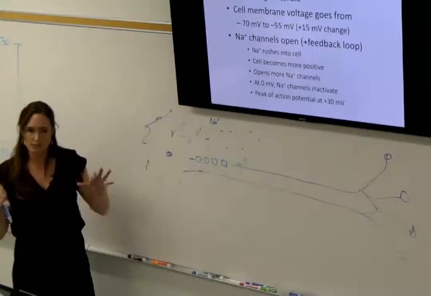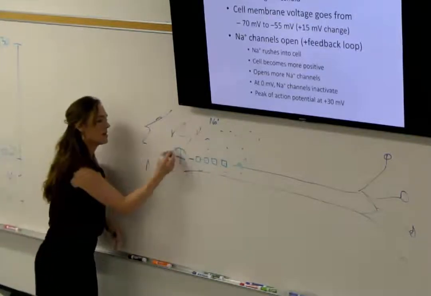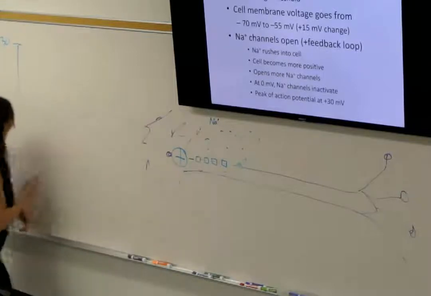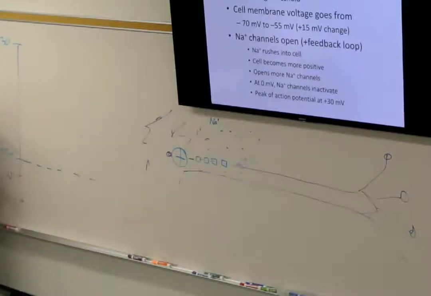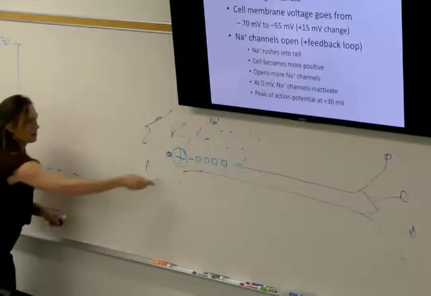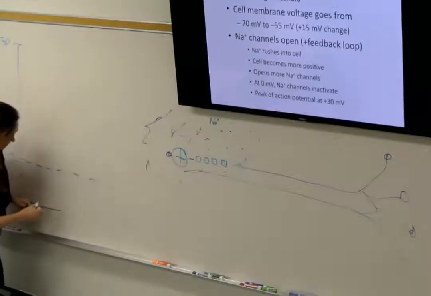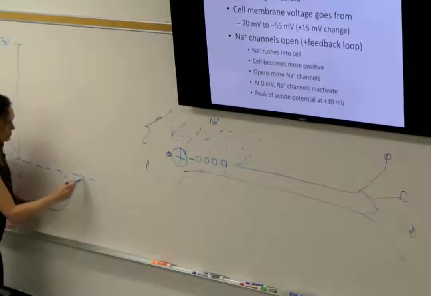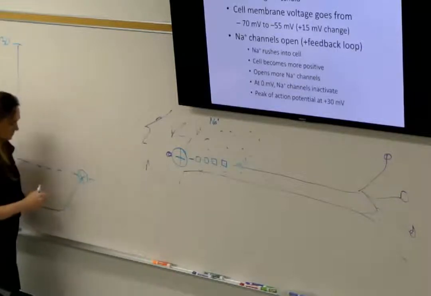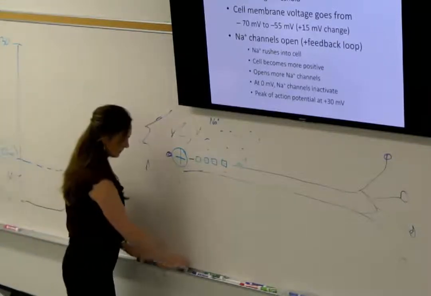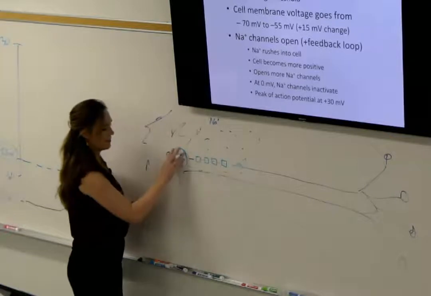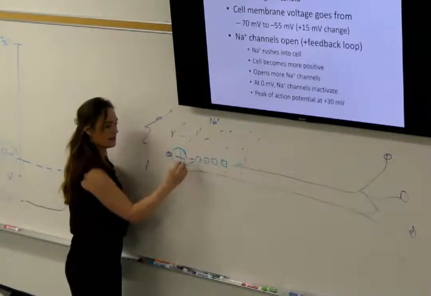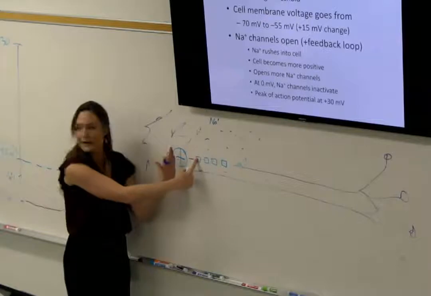Ultimately, let's skip the initial part. Let's say we got positive enough here that we reached this threshold. So the cell was here at minus 70 millivolts. This positive here, we went up and reached threshold. That's here, the plus. At this point, this positive is sensed by this very first sodium channel because it's right next to it.